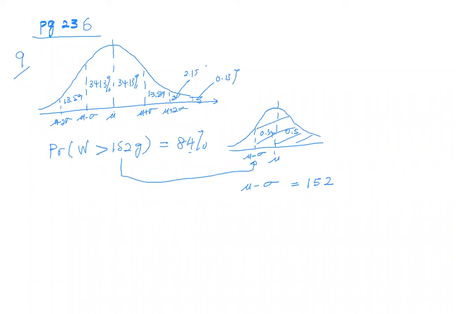Okay. So do you understand this part? So let's go to the next part. And 16% weigh more than 200 grams. I mean, probability of W more than 200 grams is 16% approximately.